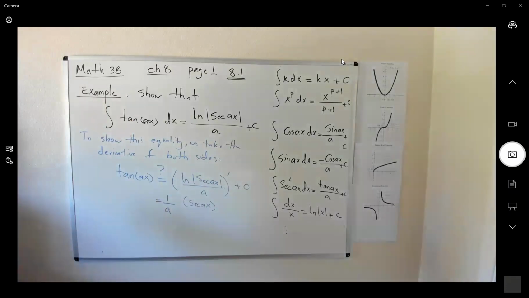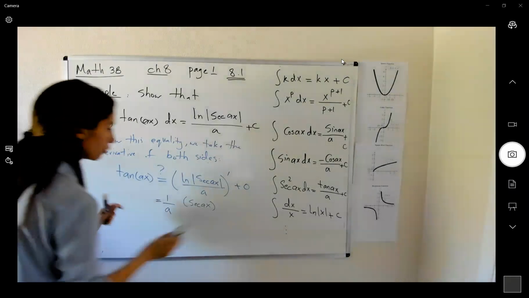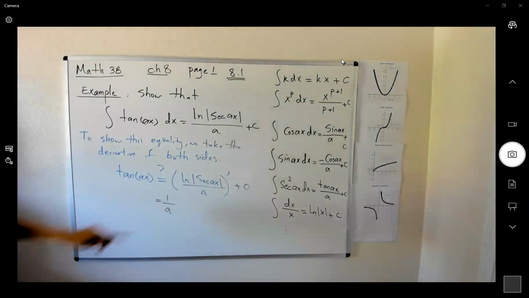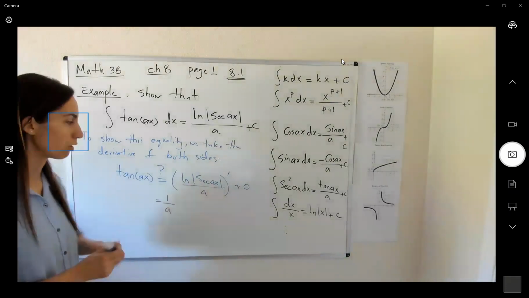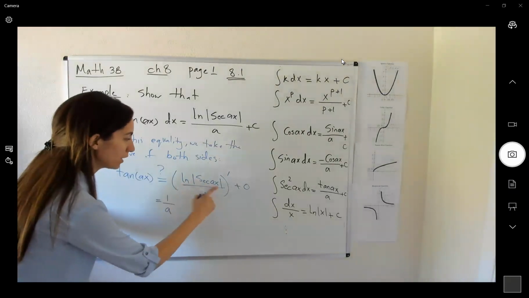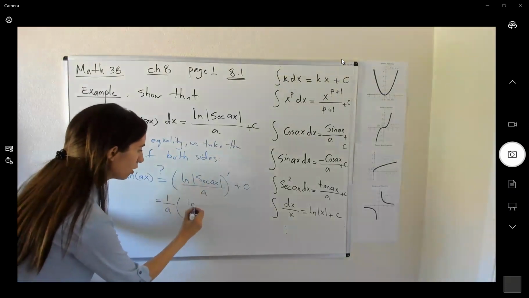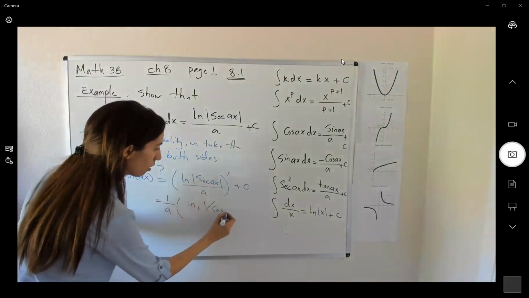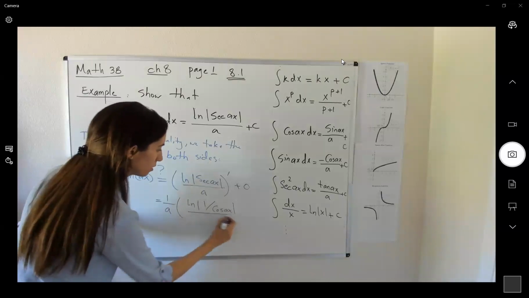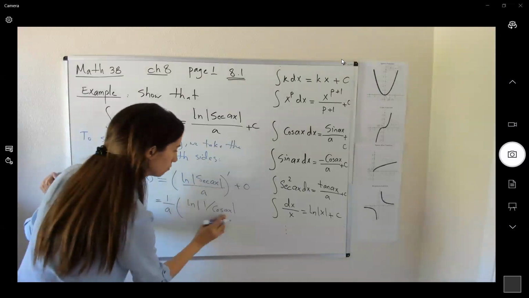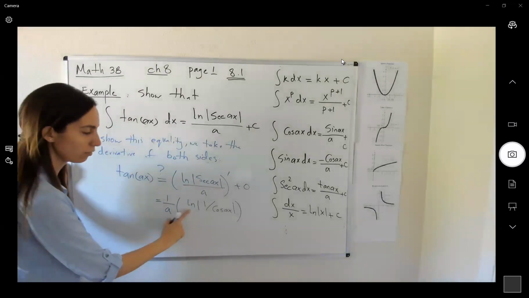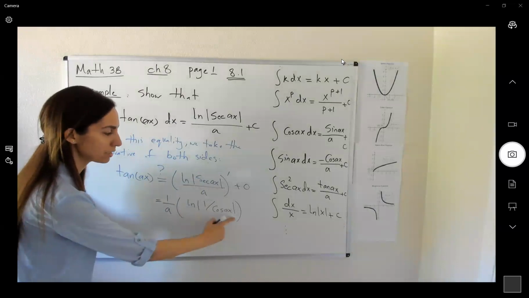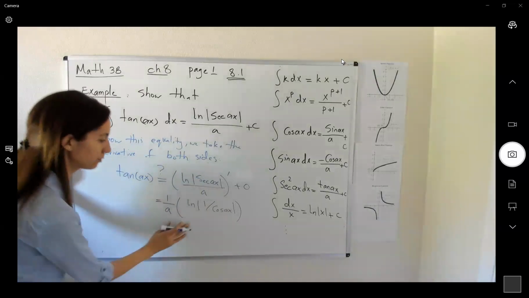Before writing this right down, let me simplify this for you first. Secant is 1 over cosine. So you can write this as ln of 1 over cosine ax, and ln of 1 divided by cosine is ln of 1 minus ln of cosine.